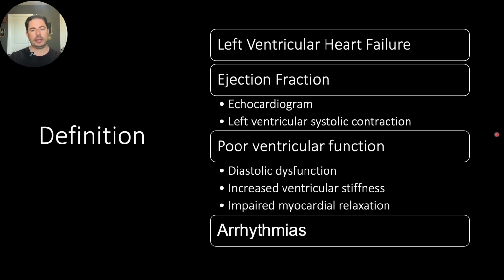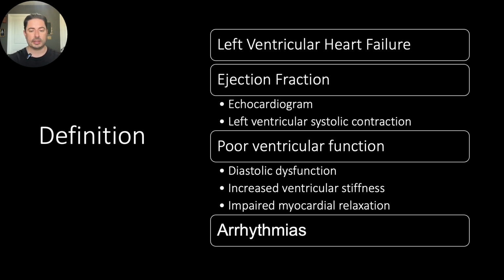So we're looking at the left ventricular systolic contraction. So what is systolic? Remember, that is the contraction. So it's almost like these words back to back are redundant, but we're looking at the left ventricular contraction.